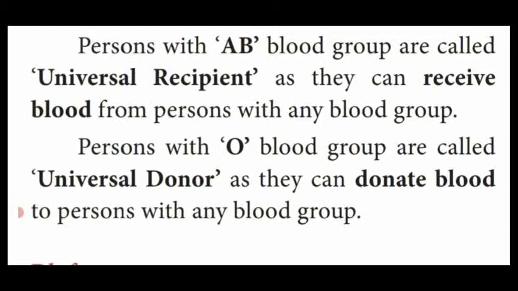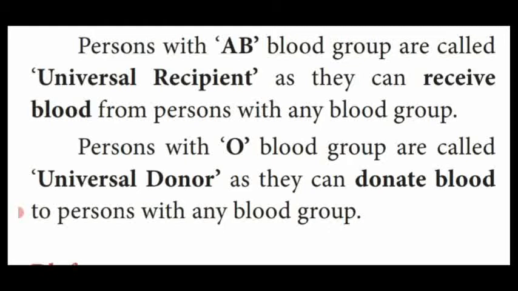So dear students, these two paragraphs give the information about the person who is going to receive the blood, and another who is going to donate the blood to others. So first one, AB, they are receiving any kind of blood group from any other group of person.